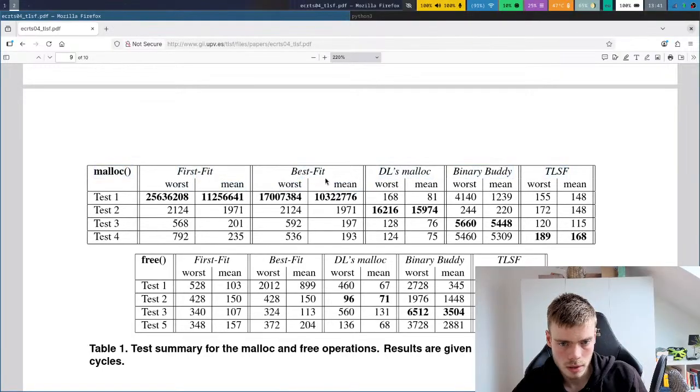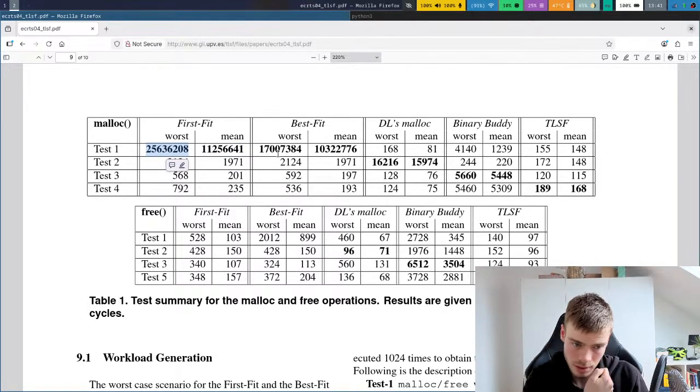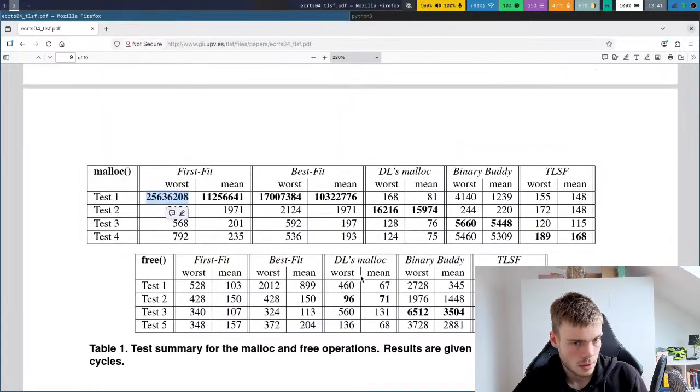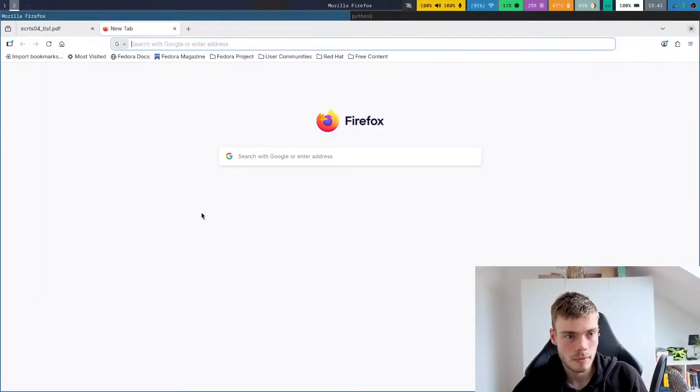Okay, then they have their worst case test summary.